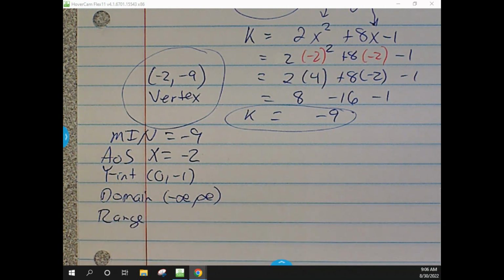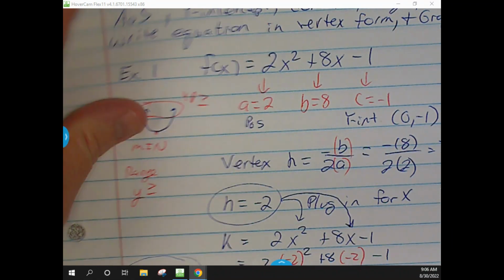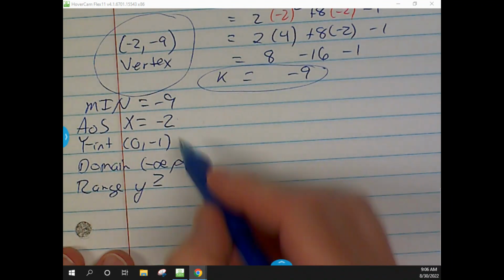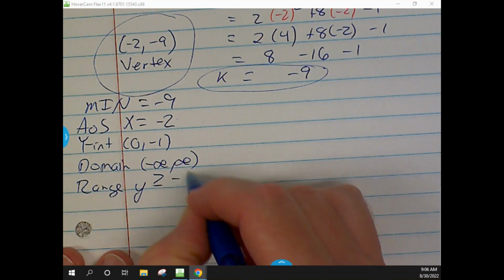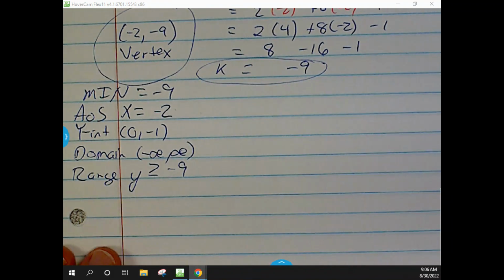Your range, again, if we back up for a minute, from the a value, we know this thing's going up, so we know the range has to be y greater than or equal to. And it's still just the max or min value, so it's y greater than or equal to -9. Okay, so we've got domain, range, intercept, axis of symmetry, max or min value.